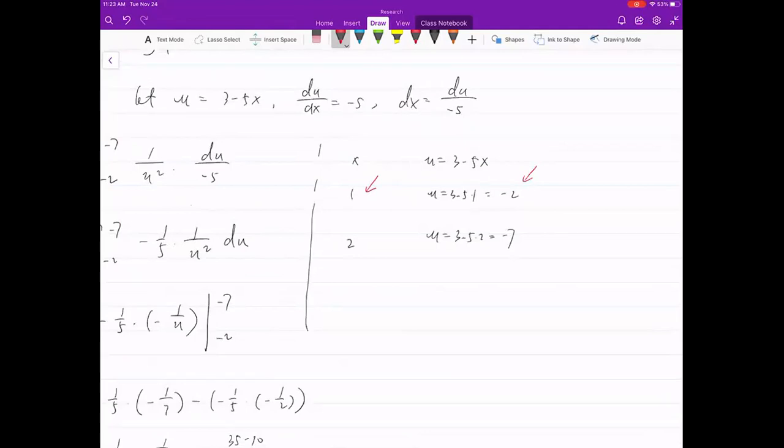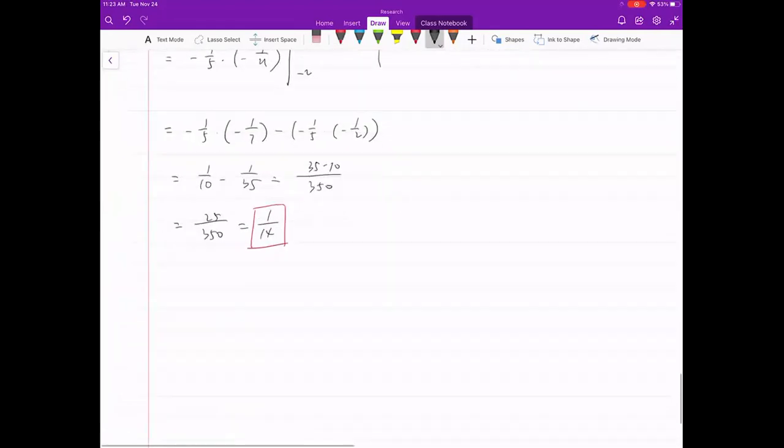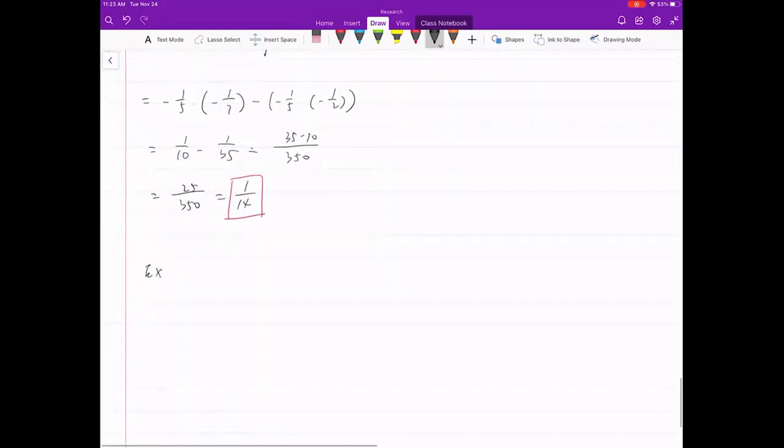That's how you assign the u, right? So you can always compute what u is when x is 1 and 2. Try this one by yourself.